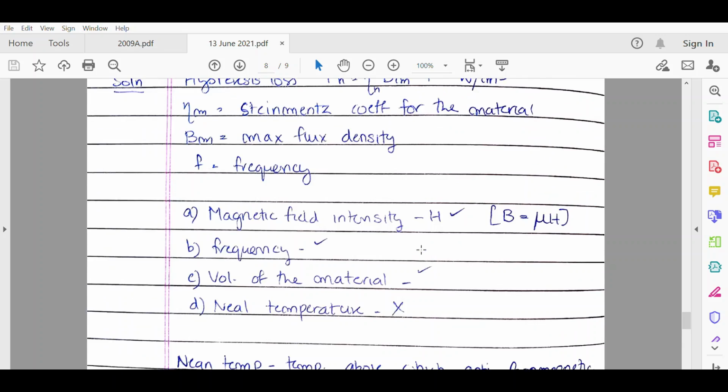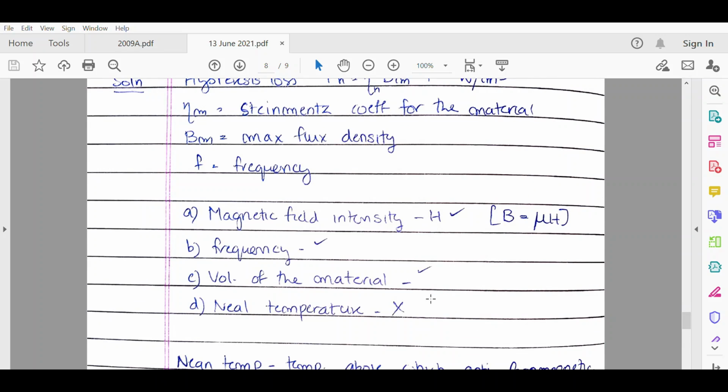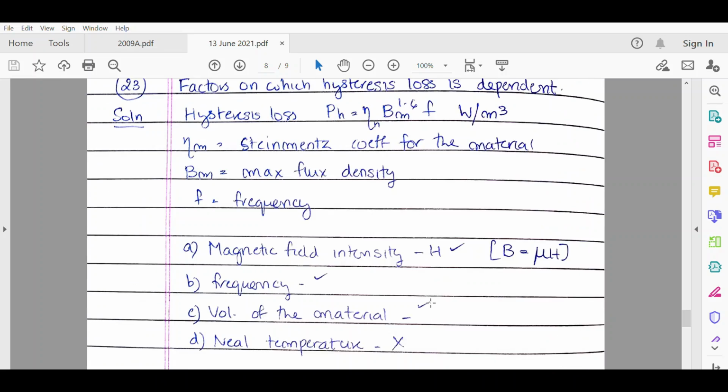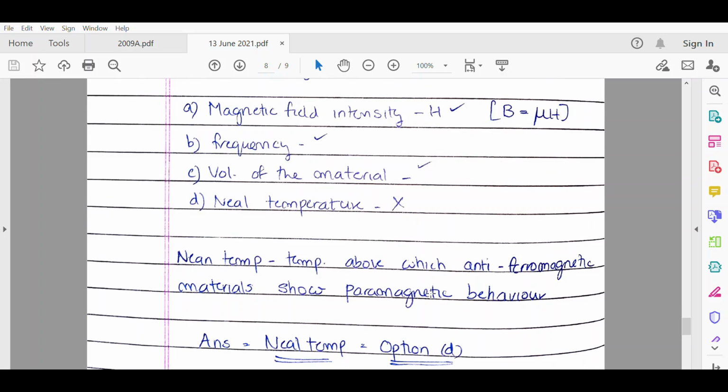Now in this equation, Néel temperature is not a factor, so hence Néel temperature has no influence on the hysteresis loss in a material. Now let us just look what is this Néel temperature. Now this Néel temperature is the temperature above which an anti-ferromagnetic material shows paramagnetic behavior.